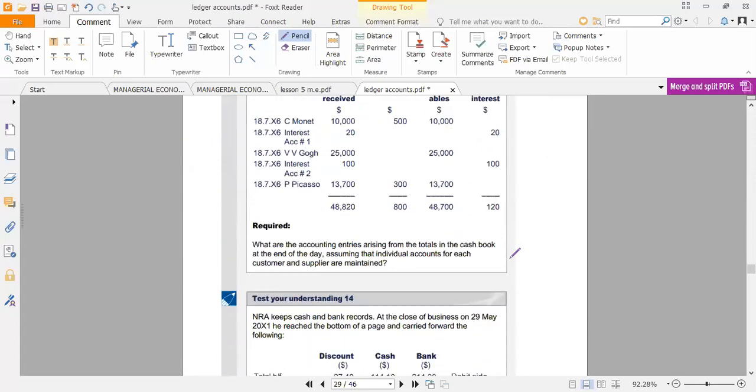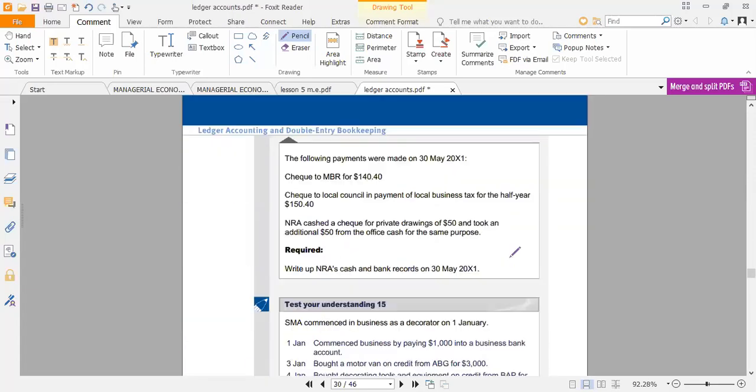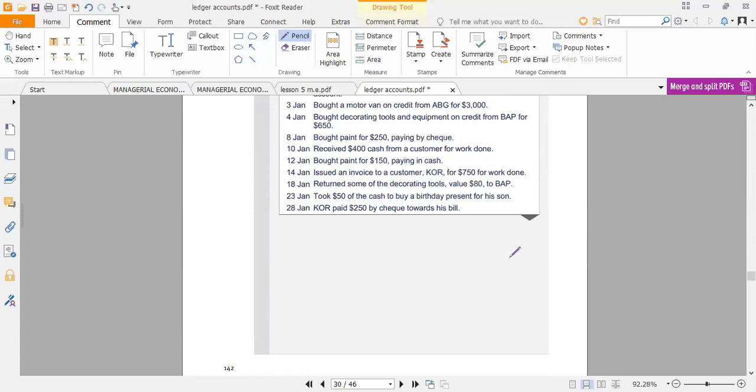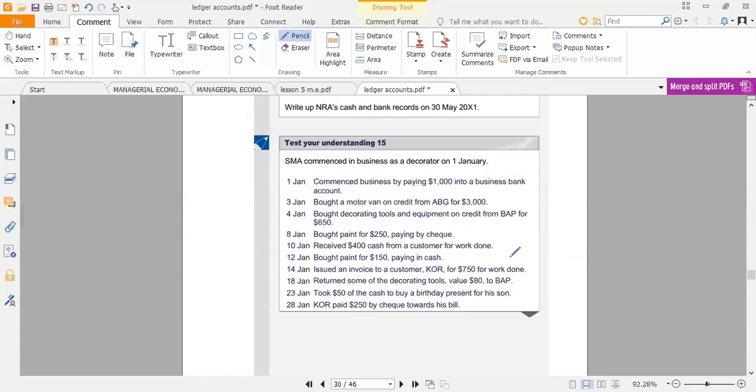And tomorrow we'll be doing the balancing off and sending to the trial balance. So you can get a picture of this. Get a screenshot of this, and I'll need this in our next session.